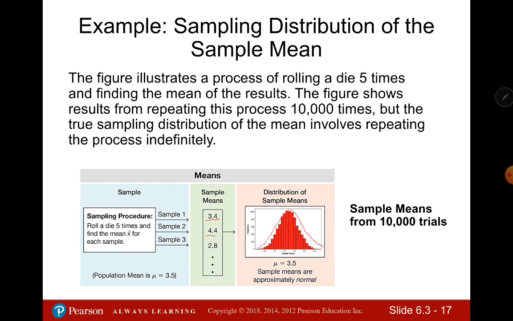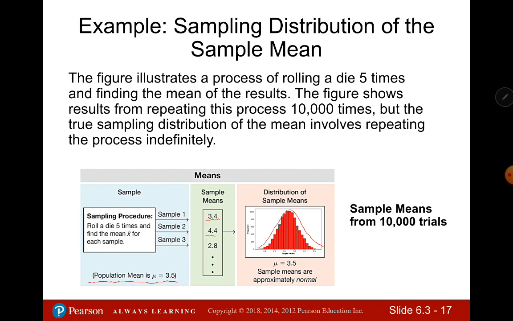We realize it's still a normal distribution for all the x-bars. Again, we use software to find the mean of these 10,000 x-bars. We get 3.5. And we know the population mean is also 3.5.